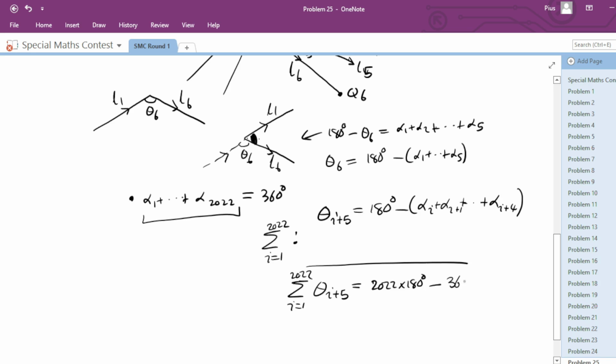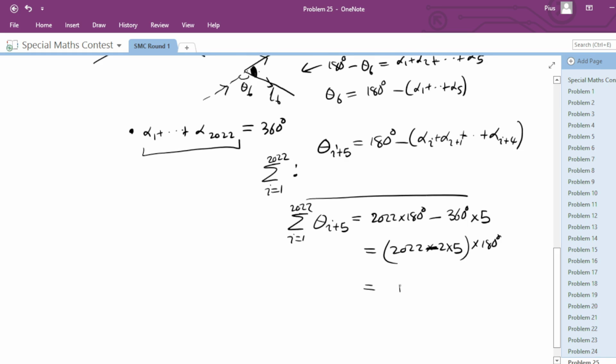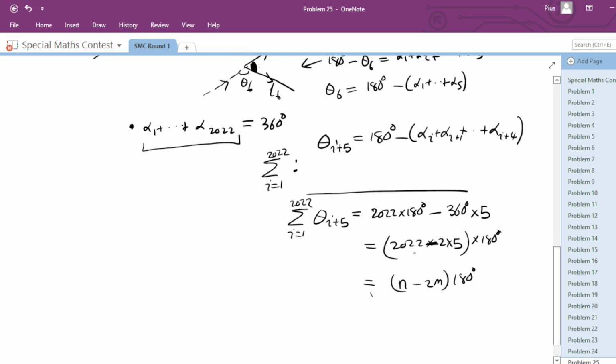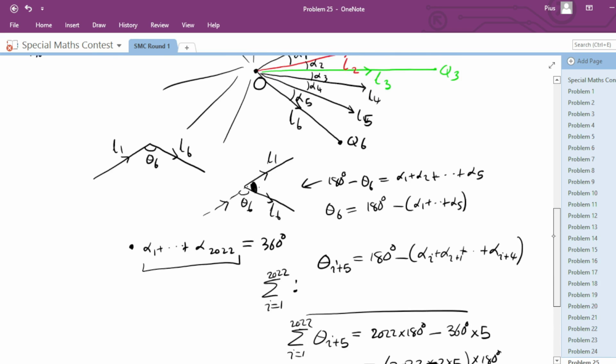So this will be 360 times 5. So this will be (2022 times 2 minus 2 times 5) times 180 degrees. The more general formula will be (n minus 2m) times 180 degrees. Okay, and then once we simplify this, we are good to go. In our case, this will just be 2022 minus 10, so that's 2012 times 180.